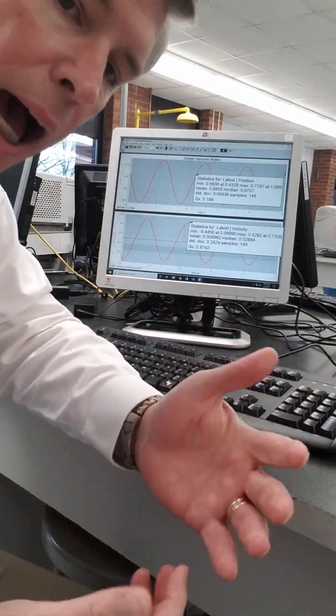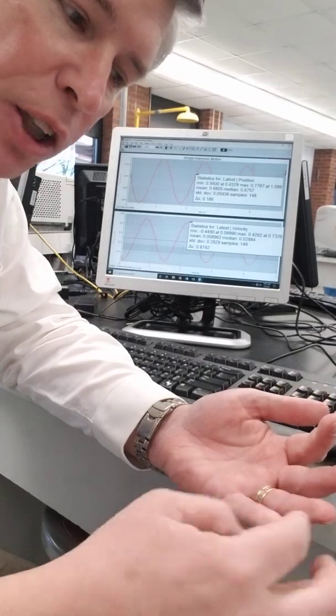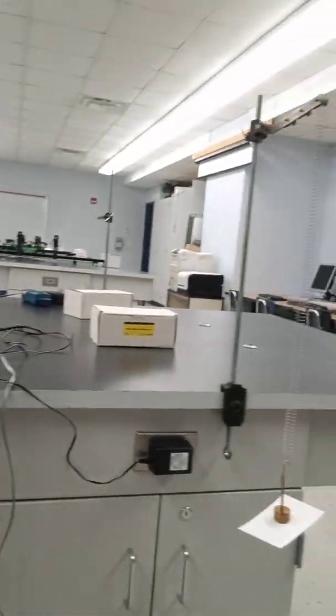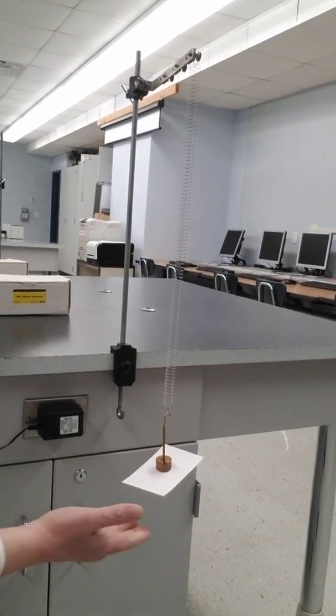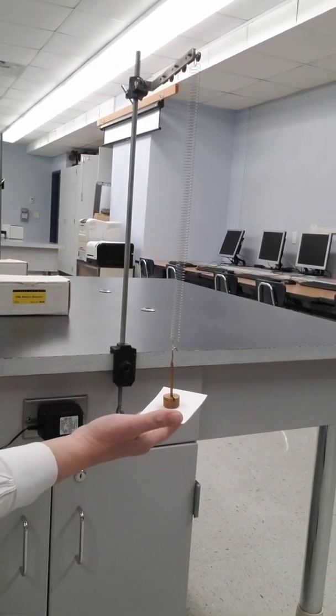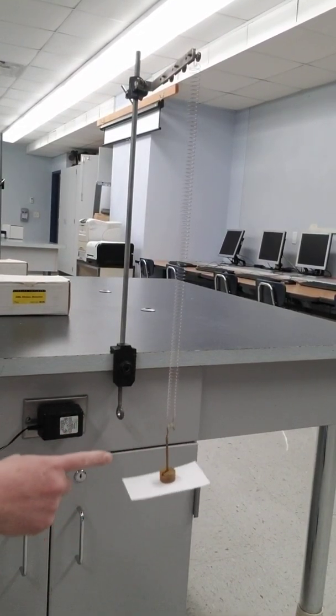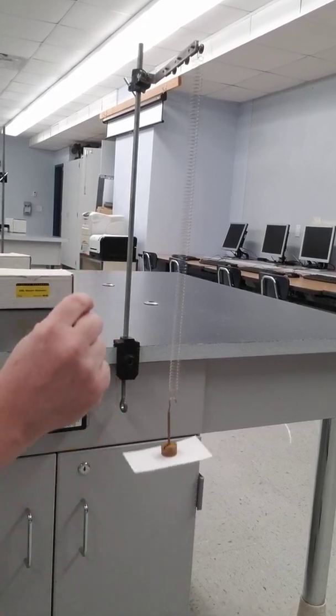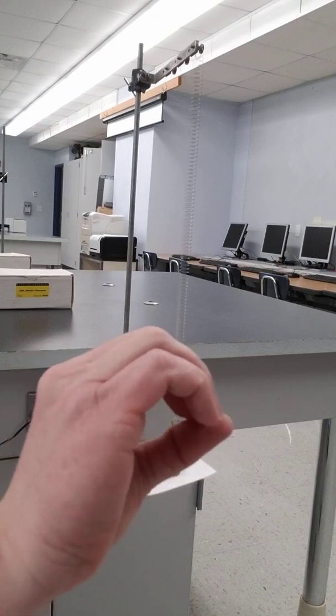We're going to see how the elastic potential energy is related to the kinetic energy. If I look at my bouncing mass here, when it's at its highest point or lowest point, it's momentarily changing direction. So its velocity should be 0 at those points.